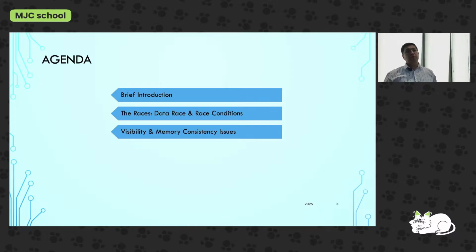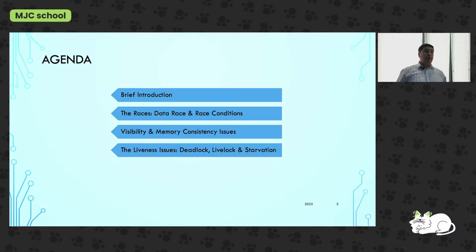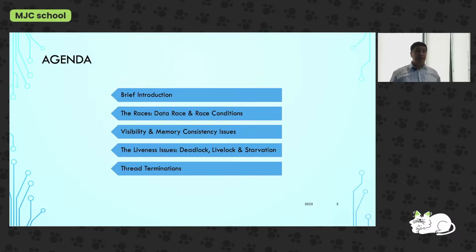Then we move to visibility and memory consistency issues, one of those vital, fundamental hazards which you may face when you develop actual concurrency code. Then we explore liveness issues: deadlock, livelock, and starvation.